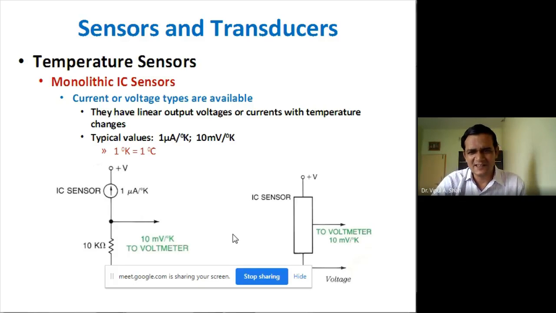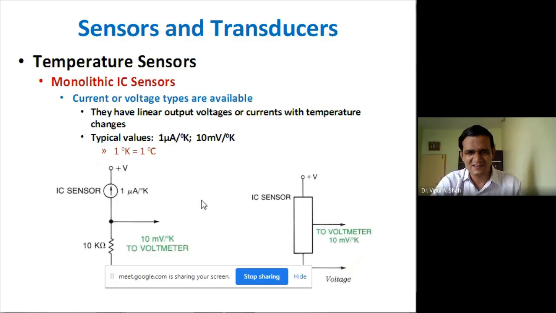So the monolithic IC is the fourth sensor which we have to see as a temperature sensing device. So you can utilize those integrated circuits. This is that specific IC sensor which can be utilized here in the voltage divider circuit, and we can measure the voltage change which will be equivalent to the change in the temperature.